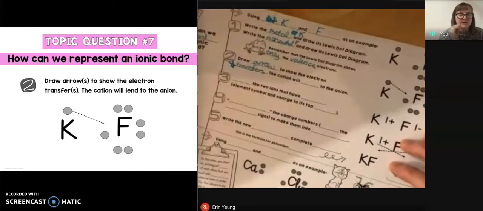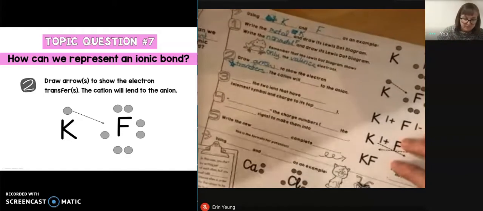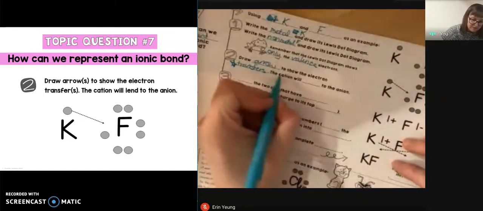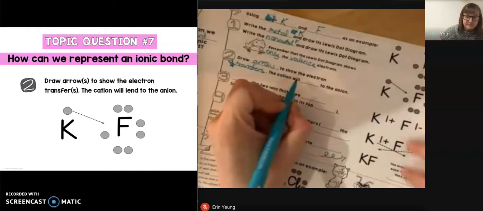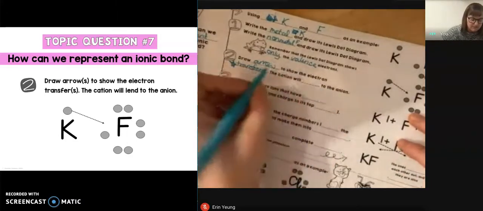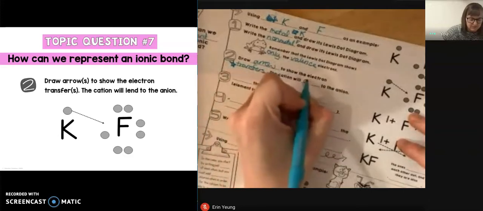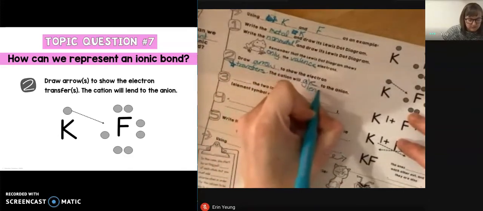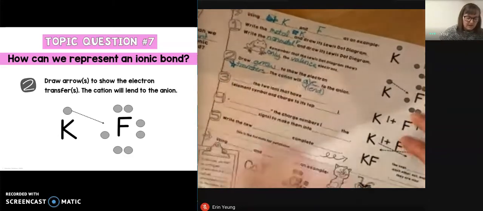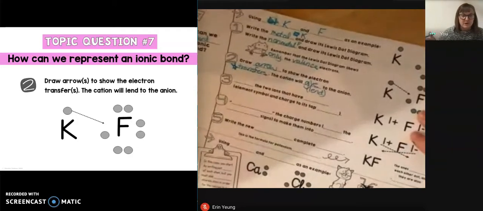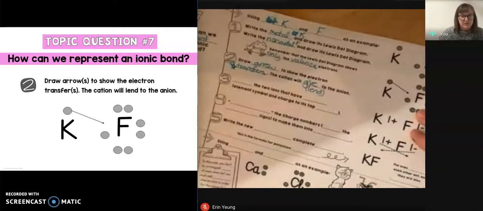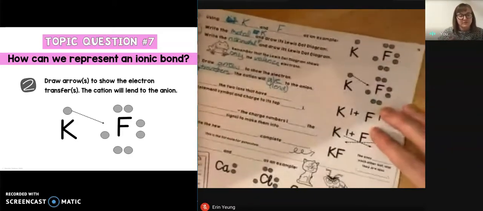If you don't have a transferring of electrons, you're not going to be forming an ionic bond. So the cation will always give to the anion. The cation will give or lend to the anion. Always. It always goes from the ones that are going to become positive, or our metals, give to the nonmetals.